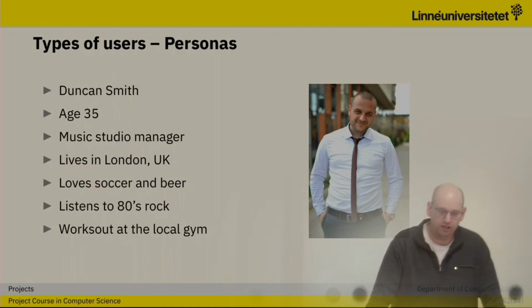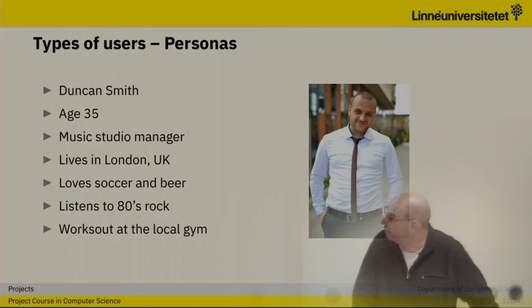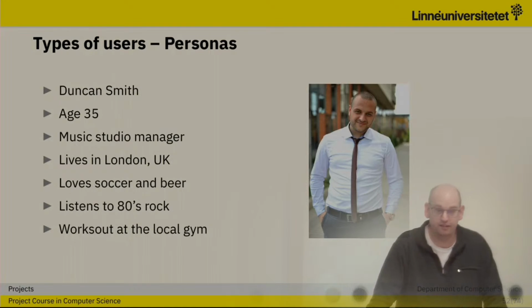This is Duncan Smith, who's 35 years old and is a music studio manager in the UK, who loves soccer and beer, listens to 80s rock, and works out at a local gym. I made all of that up, yes, but he does look like his name is Duncan, doesn't he? It's a stock image.